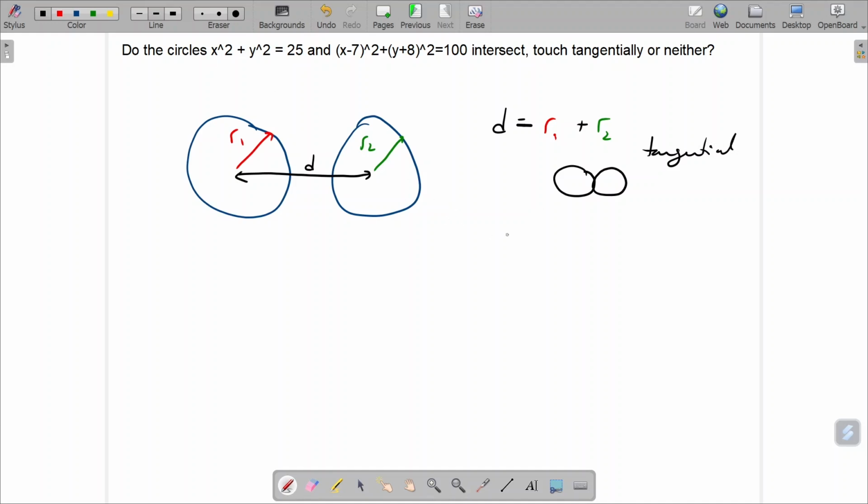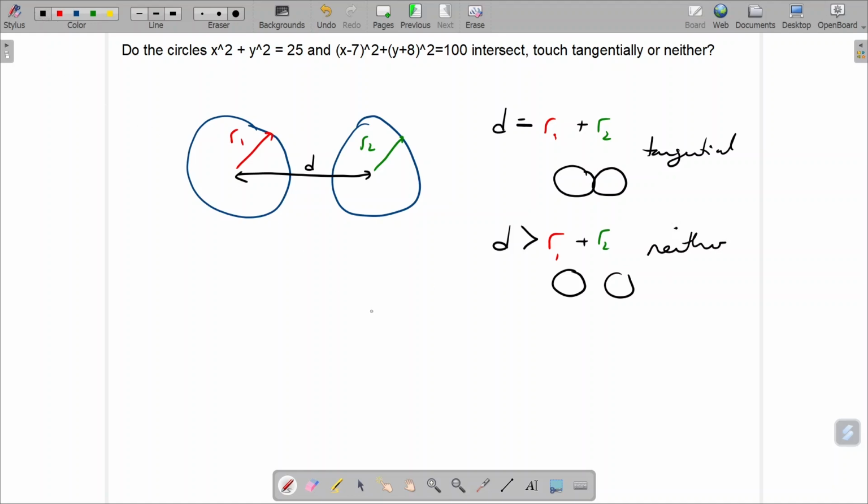If the D value is larger than R1 plus R2, think that through. If the distance between the circles is too big, that means that these two circles will be pretty much like I have in the diagram on the left, the distance between them will be larger, and it will be a case of neither.